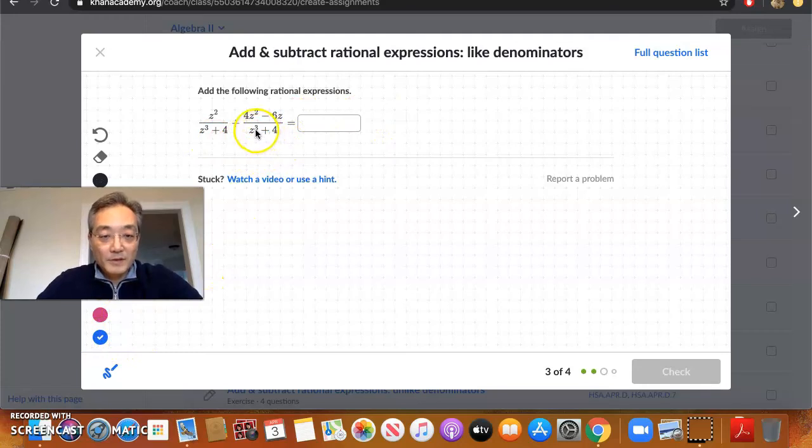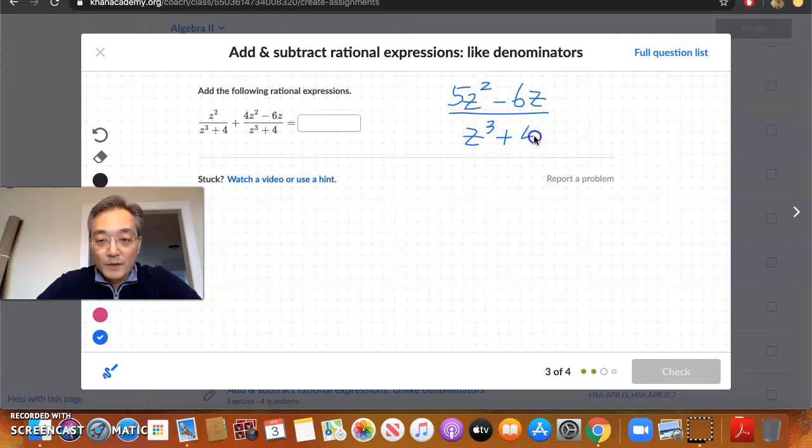Again, the denominator is the same. It's an addition, so let's add up the numerators. We're going to have z squared plus 4z squared is 5z squared, and then minus 6z, all over z cubed plus 4. This was a pretty straightforward one, right?